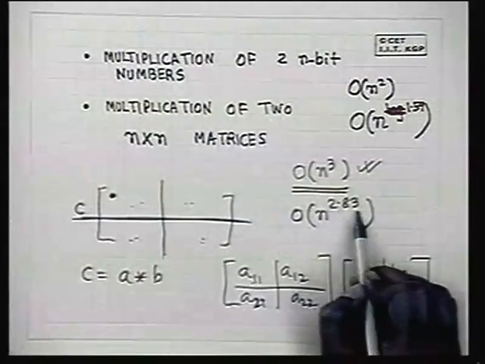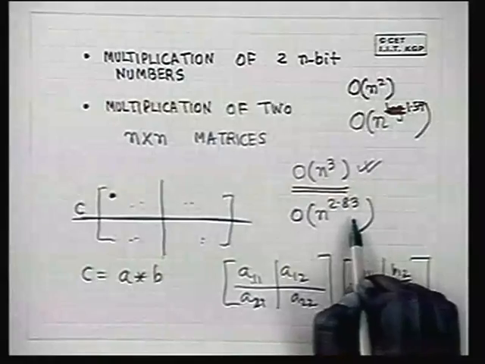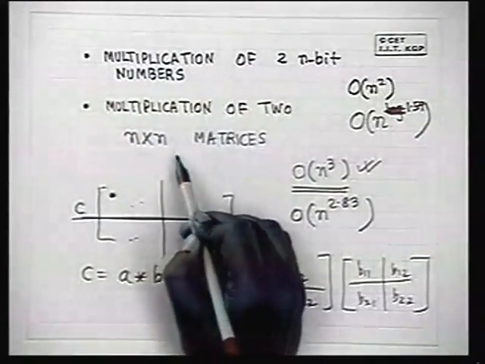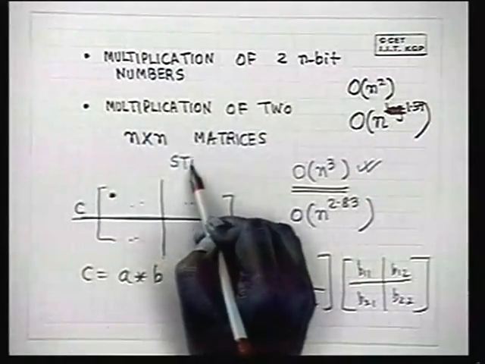These come from log values. Okay. So this algorithm is called Strassen's algorithm.